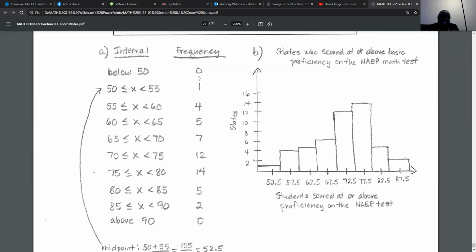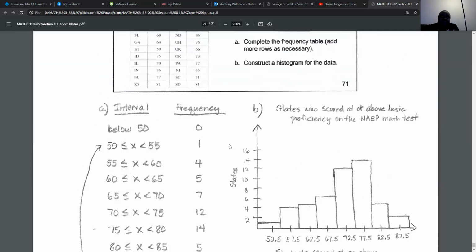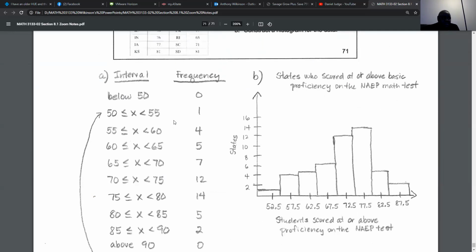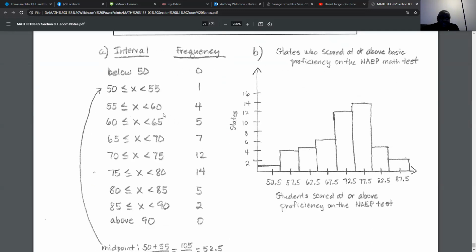And here, you just have to come up with the frequencies. So like below 50, if you were to look through that table, you will not find any data values that are less than 50. So that's 0. Between 50 and 55, there will be only 1. 55 to 60, there'll be 4, and so on.